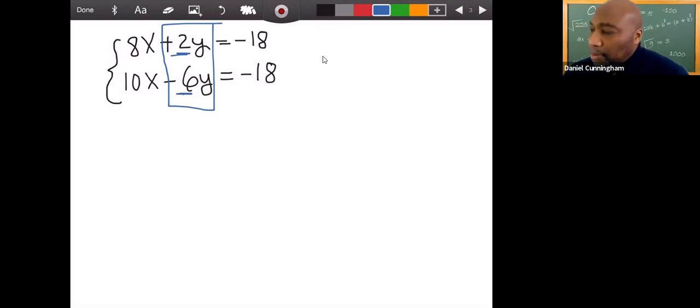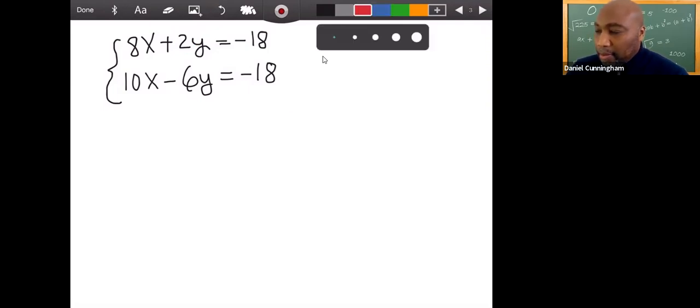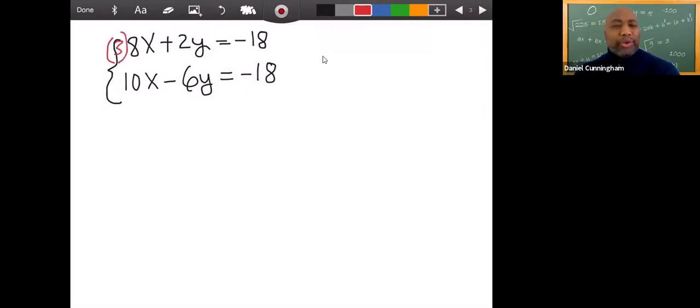So what I can do is make this 2 a 6 by multiplying it by 3. To do that, I have to multiply the entire top equation by 3, all the way through.